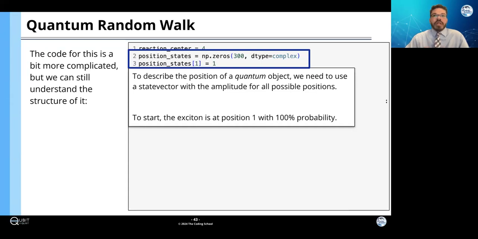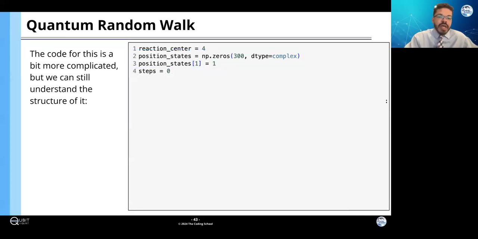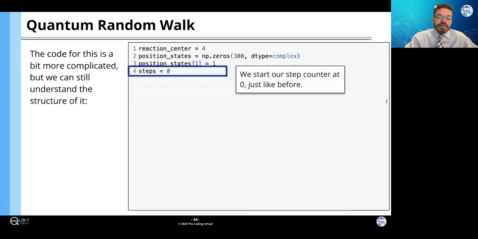Okay, so I want you to think about the state vector as the amplitude of the electron or the exciton being at a particular location. And we initialize it such that the exciton is at the first location. We initialize our number of steps at 0.